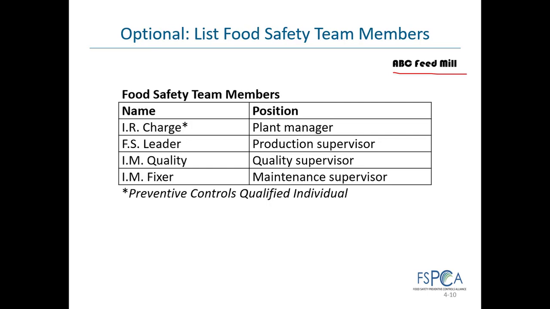This is our livestock example. And this right here is a list of their food safety team members. I think the FSPCA was really creative in the names that they came up with here. I don't know if you can feel the sarcasm through my voice, but these are pretty funny. So IR Charge is a plant manager, FS Leader is a production supervisor, IM Quality is a quality supervisor, and IM Fixer is the maintenance supervisor.